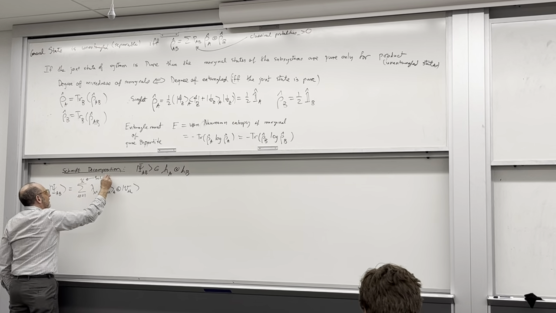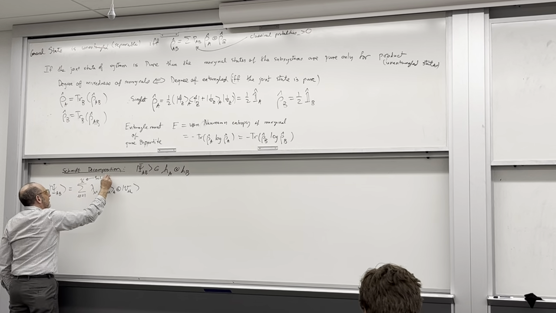So the spectrum of the two marginals is the same. They have the same probability distribution, and the U's and V's are the eigenvectors of the density operators. The marginals don't uniquely determine the whole because we don't know about the phase relationships between these guys.